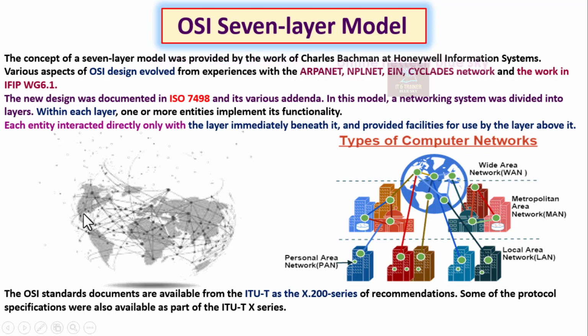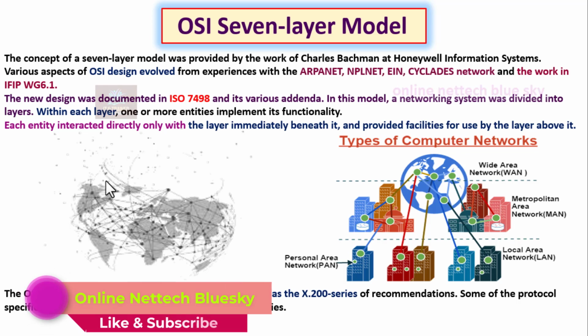Without protocols, without the OSI 7-layer model, you cannot connect one system to another. This is a very powerful, giant network, like Google, Facebook, Amazon, and many companies. It connects high-level security, government departments, different sectors, private companies, and small businesses.